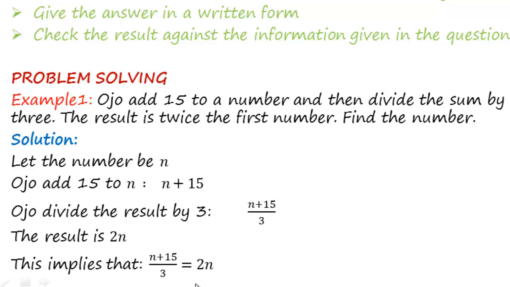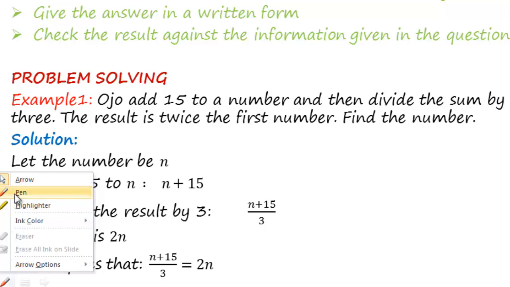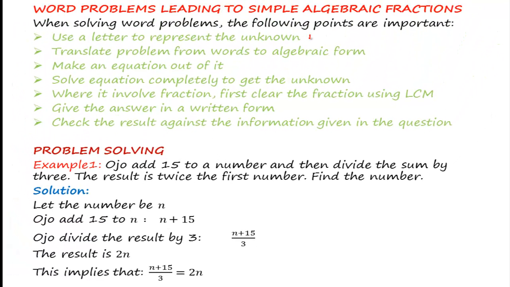Are you getting it? That is how all these steps have been done. Let me show you so that you understand what I mean. We have used n to represent the number that we don't know, and then we have translated the problem from words to algebra. This is what we have just done, and then we have made the equation out of it. Then we have to solve completely for the unknown.